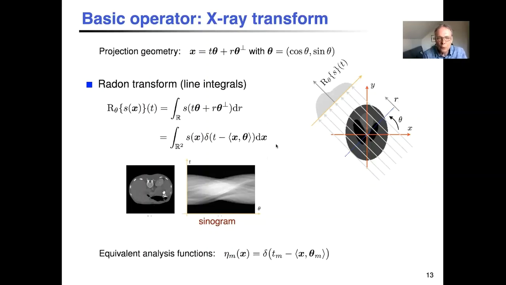And now, if you want to write it down as an inner product in 2D, you can have the equivalent of an impulse response, but the impulse response corresponding to this detector here would just be a Dirac that has exactly the shape of this line. So it would be very narrow in this direction, a Dirac like this, and constant along this direction. So that's what's written here.